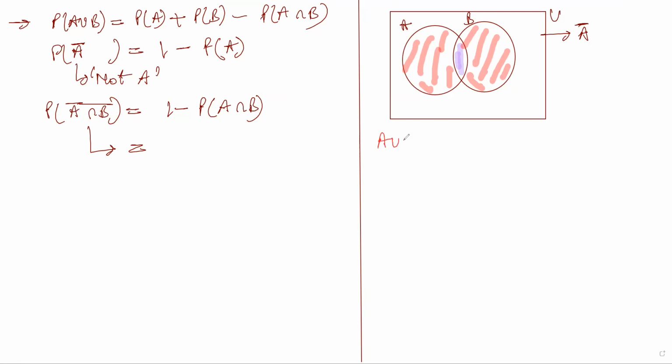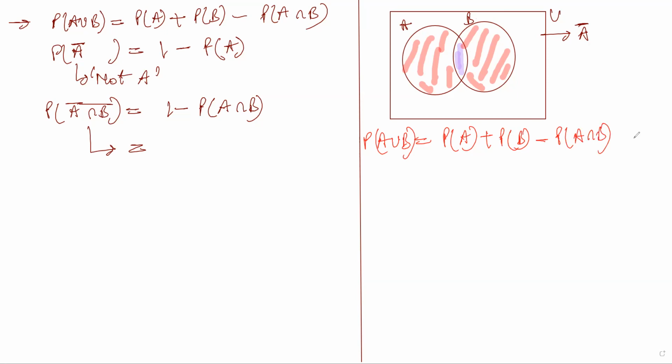If I want to find out A union B, this can be written as probability of A, this whole portion, plus probability of B, this whole portion as well. But while doing so, you have considered this blue portion twice, once in A and once in B. So you'll have to subtract this portion from the formula.